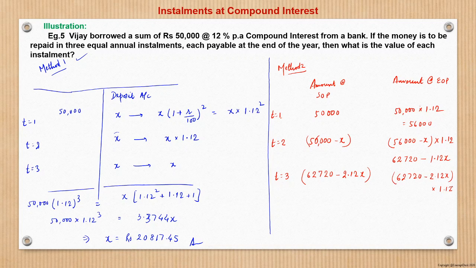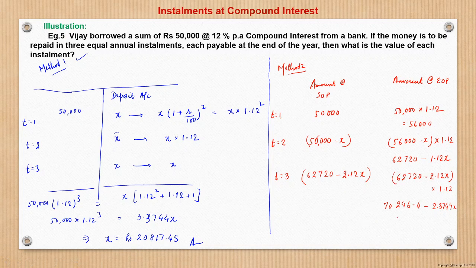So this becomes 70,246.4 minus 1.12 into 2.12 gives me 2.3744x, right?